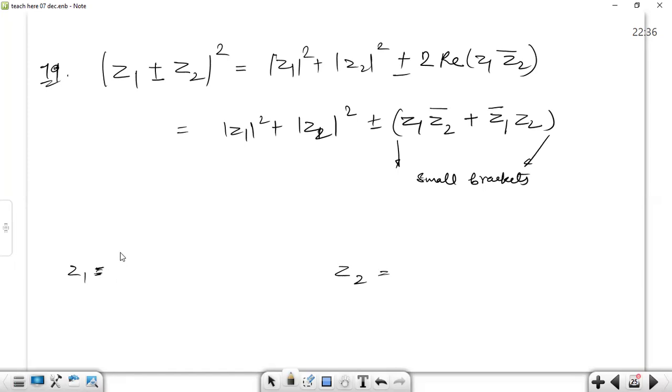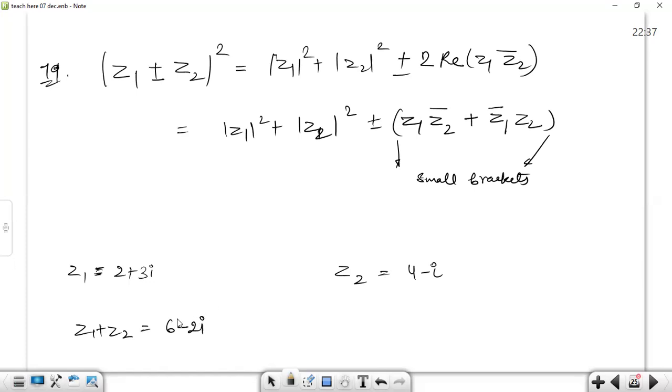Let's say Z1 is 2 plus 3 iota. Let's say Z2 is 4 minus iota. Find out Z1 plus Z2. That comes to 4 plus 2, 6, and 3 minus 1, so 6 plus 2 iota.